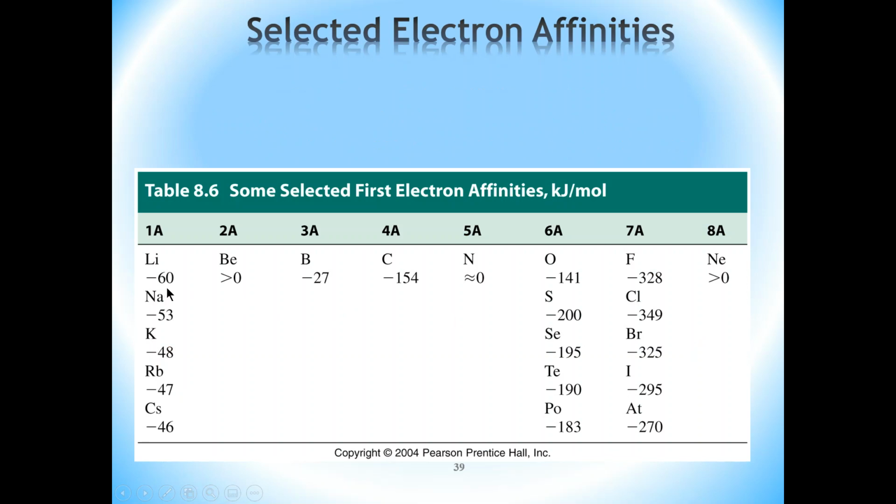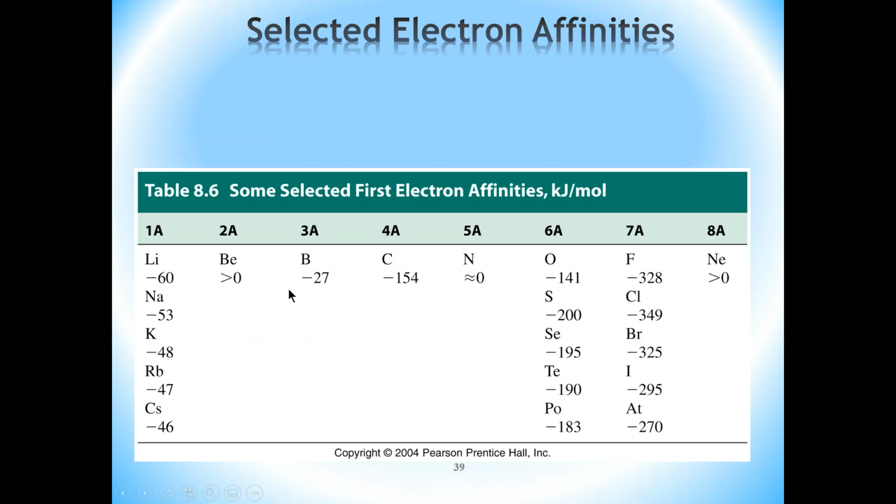So this is just a demonstration of the electron affinity values of different substances. I want to pay close attention to the period 2 values here, starting with lithium, ending with neon. As you can see, there are a couple of exceptions, but the general trend is that the electron affinity becomes more negative.